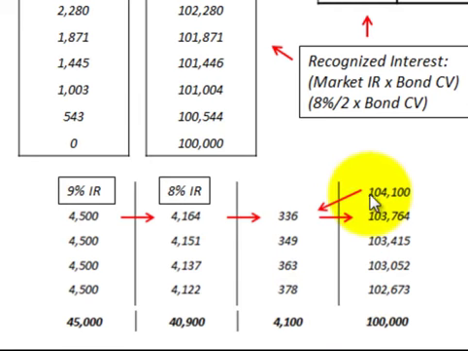It would reduce our carrying value on the bond from $104,100 down to $100,000. Now comparing the interest that we paid to our bondholders, $45,000 total, to the interest expense that we realized on that bond, $40,900, the difference equals the amortized premium amount.